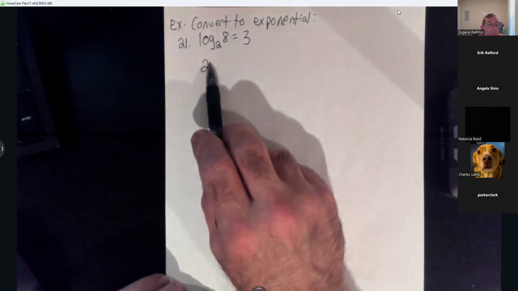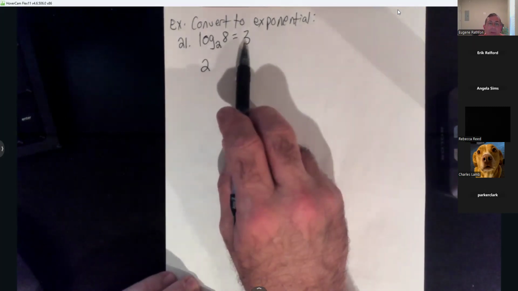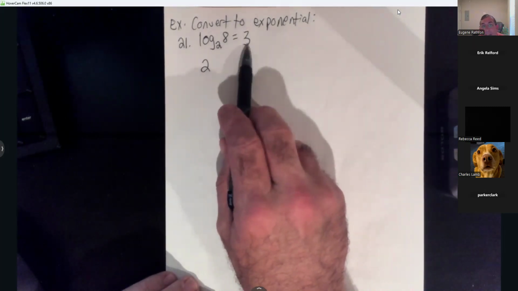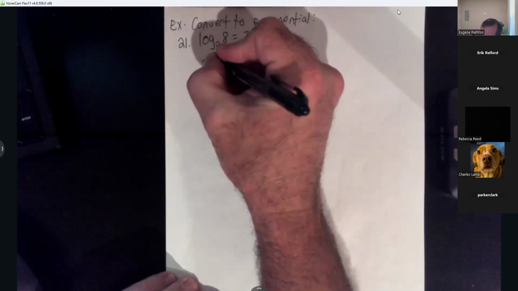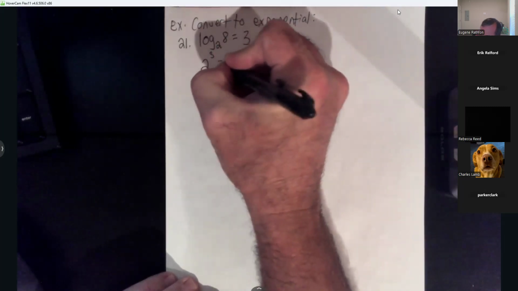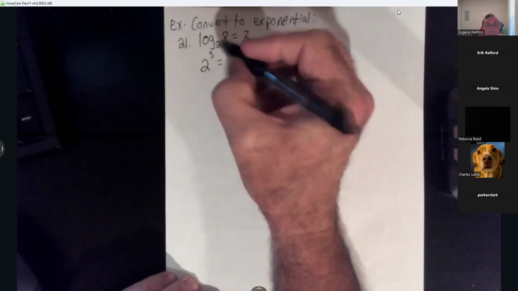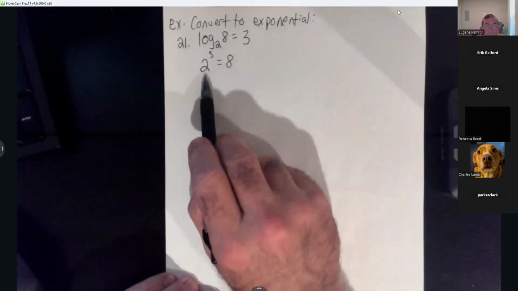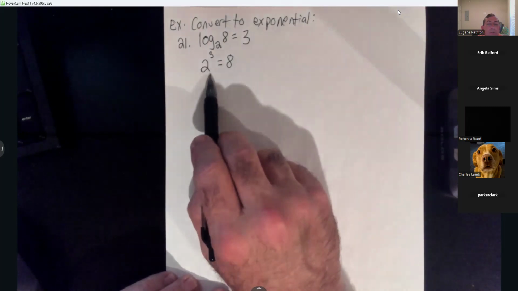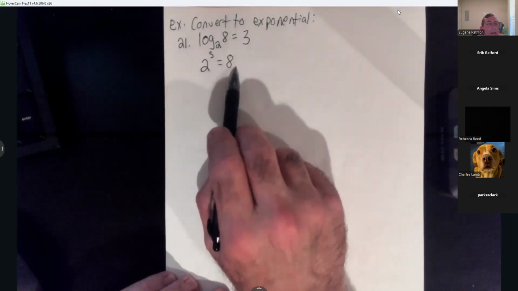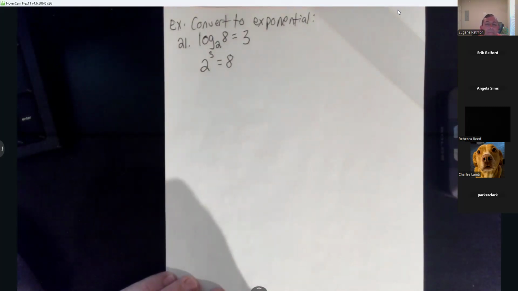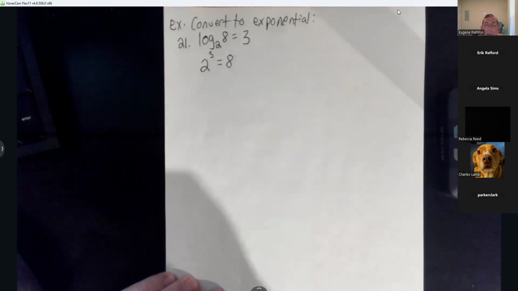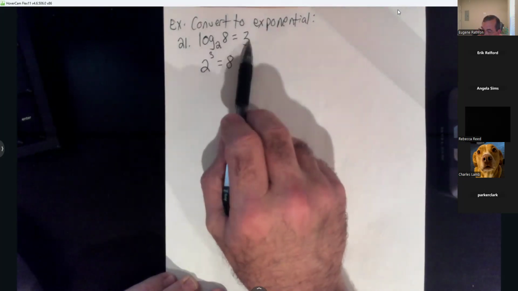Well, y'all, the exponent is going to be 3. Good job. Because remember, the log finds exponents. So this means 2 to the third is going to equal the result of 8. And y'all, this is true. 2 times 2 times 2 does equal 8, okay? So base, exponent, result.